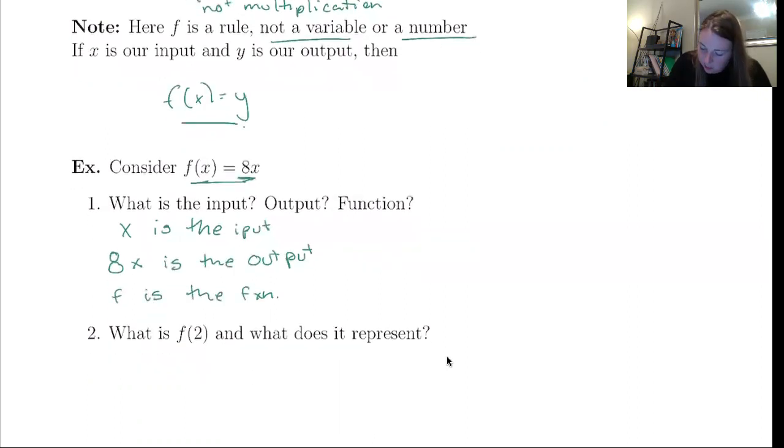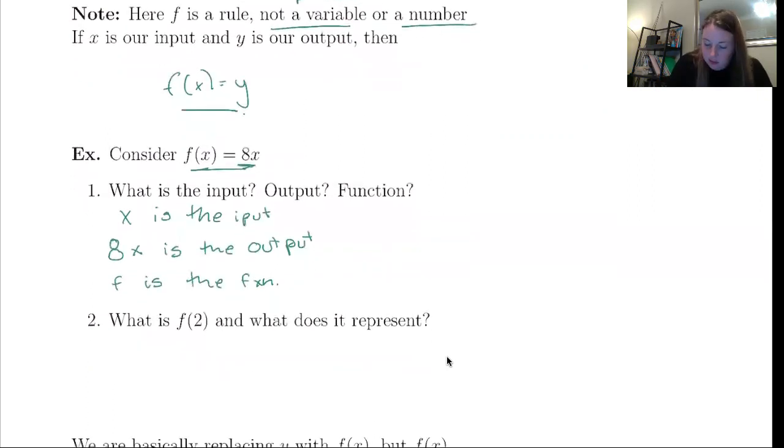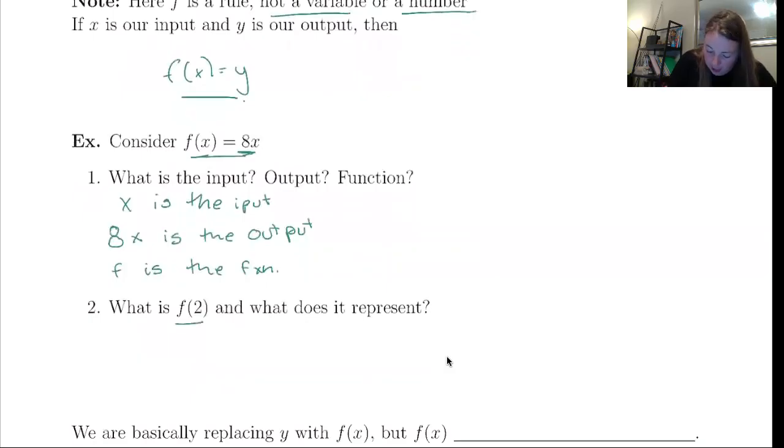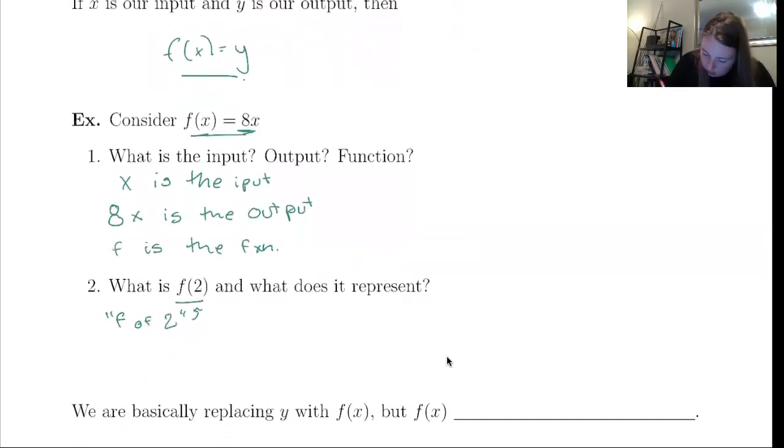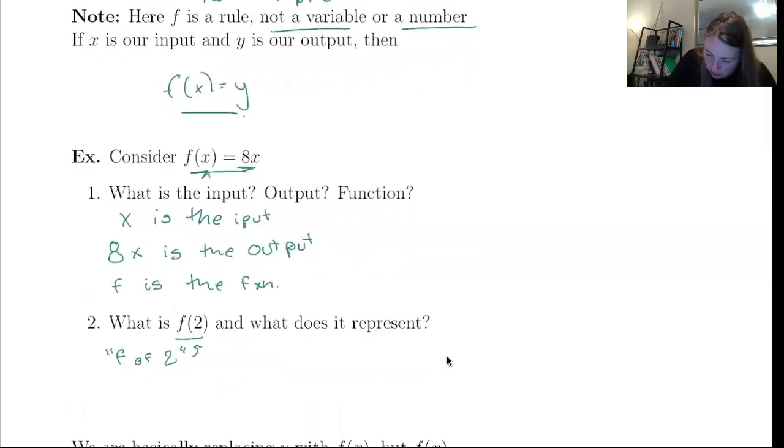Right, so what is f of 2 and what does it represent? So we would say f of 2. So what I'm going to do is I'm just going to plug in 2 every time. All I'm saying here is x is 2. So instead of writing an x now in my output, I'm going to write a 2. So instead of 8 times x, it's 8 times 2, which is 16.